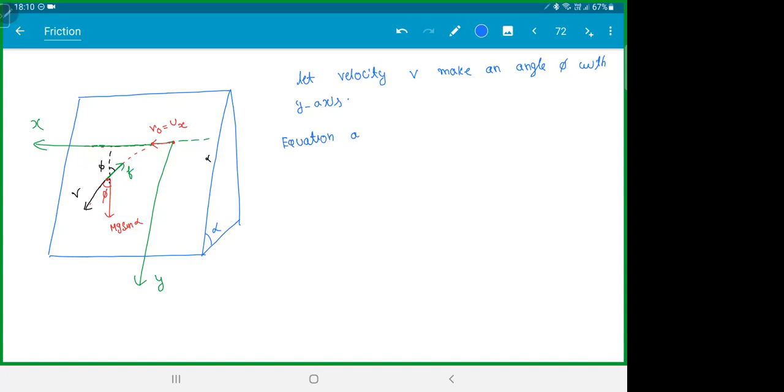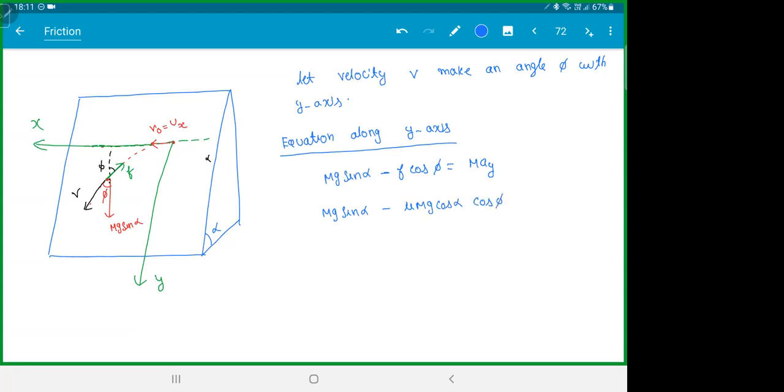So if you take equation along y axis, the forces are mg sine alpha, component of friction f cos phi, that will be equal to mass into acceleration in the y direction. So this would be mg sine alpha, and we know friction ka value is mu mg cos alpha.